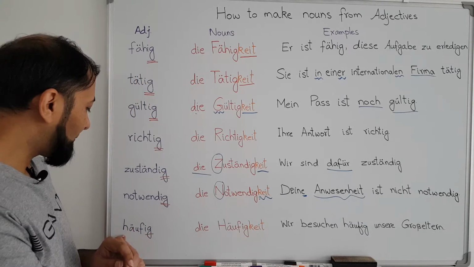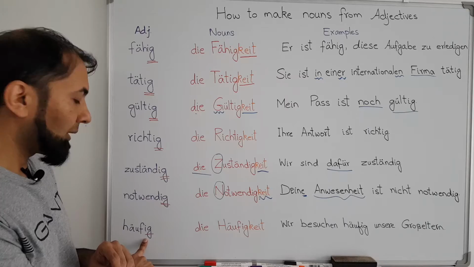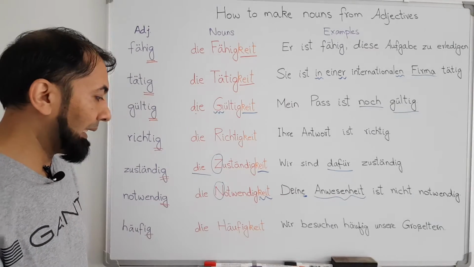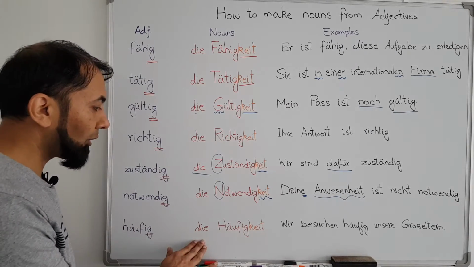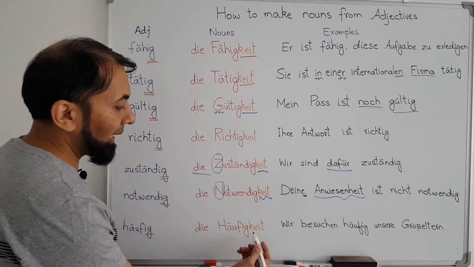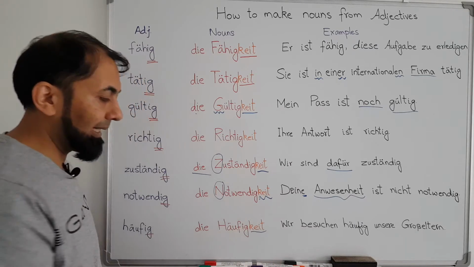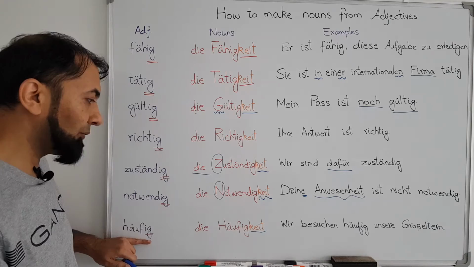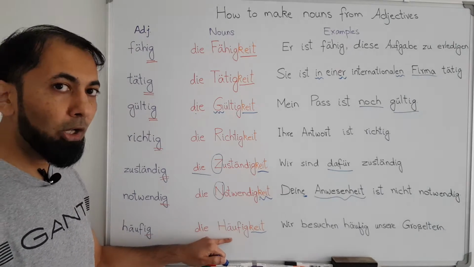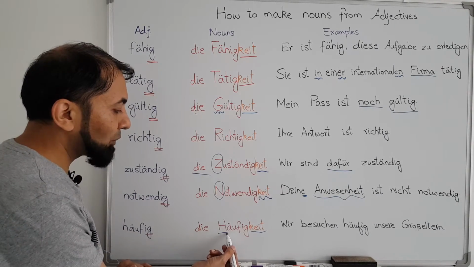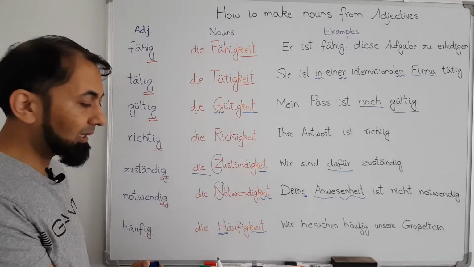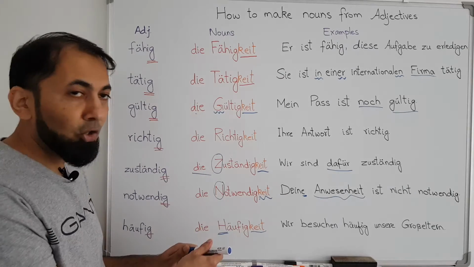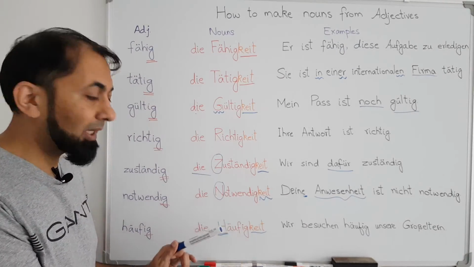Next we have häufig. Häufig means frequently. To make the noun, you add keit at the end of the adjective häufig and it becomes Häufigkeit, and you start the noun with a capital H, because we always write a noun with a capital letter.